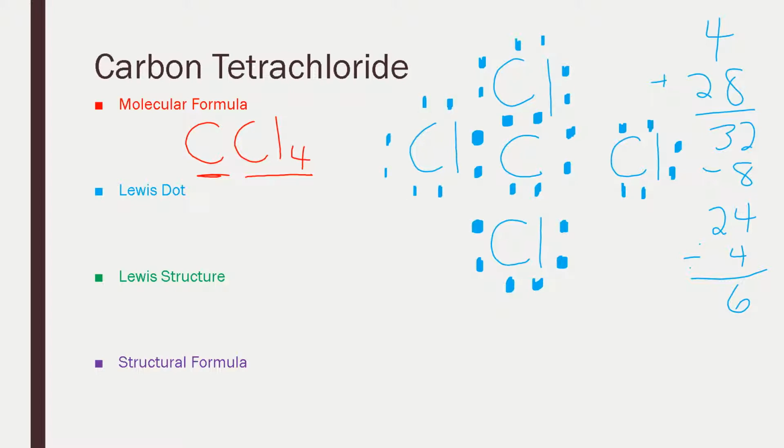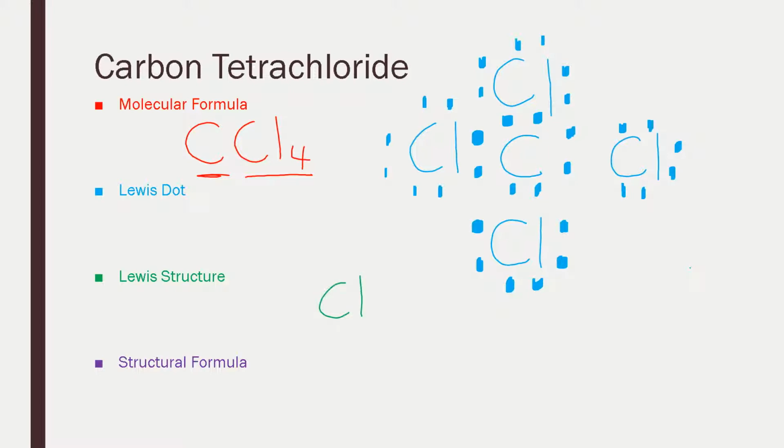Now the Lewis structure is going to show the same exact thing, except we're going to represent the bonding pairs as dashes.